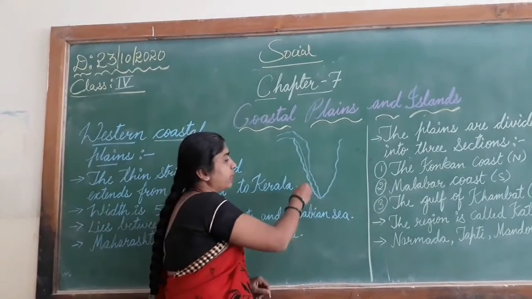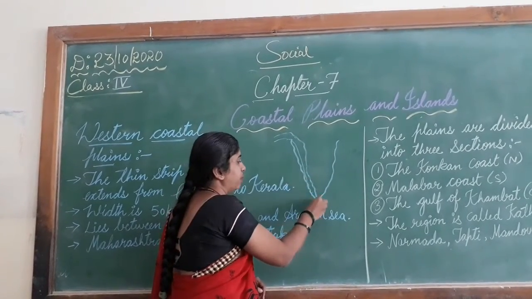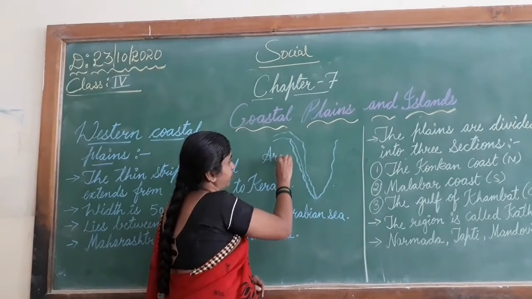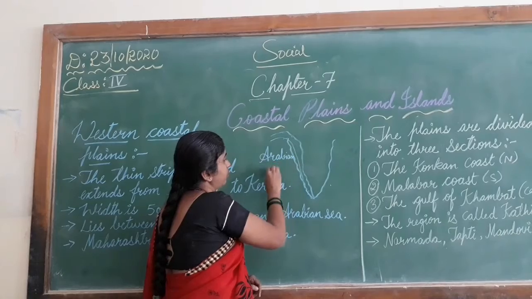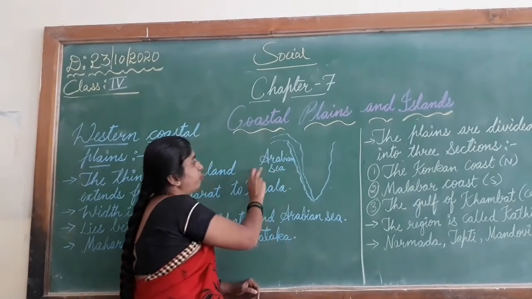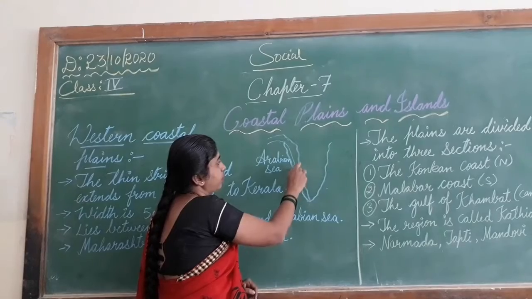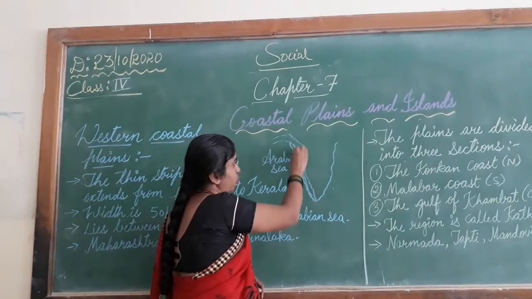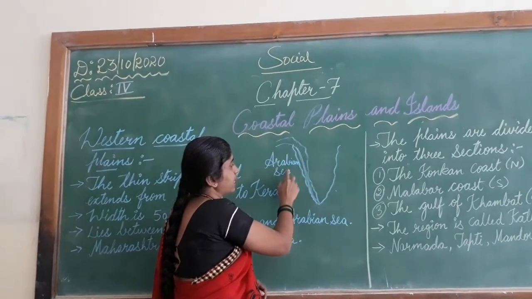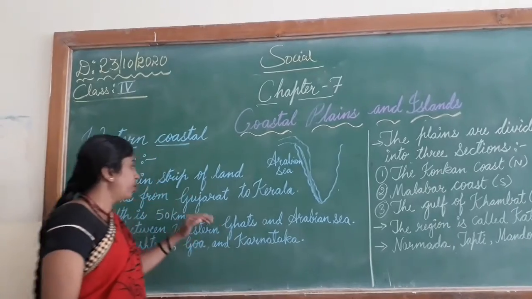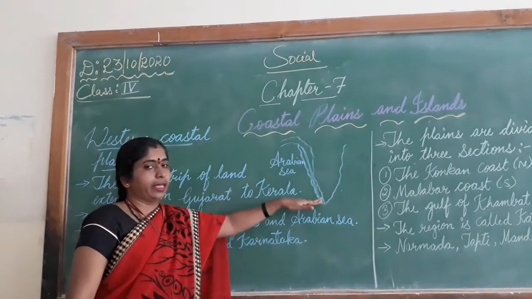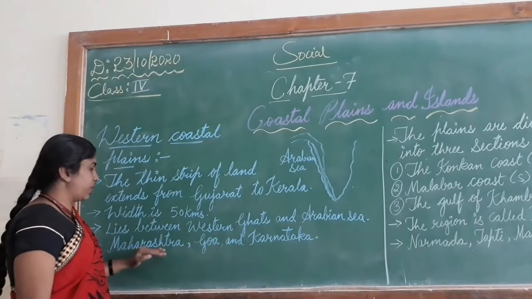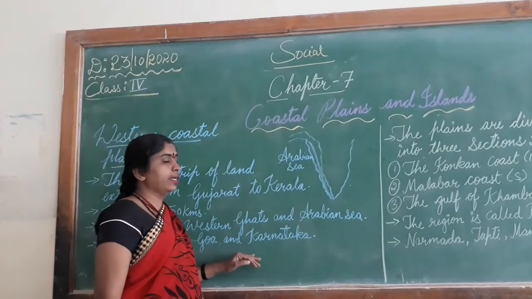You know children, India is a peninsula which is bordered by 3 water bodies. On this side we have the Arabian Sea. So the western coastal plain lies between the Western Ghats and the Arabian Sea. It starts from Gujarat and ends at Kerala, and it extends through the states of Maharashtra, Goa and Karnataka.